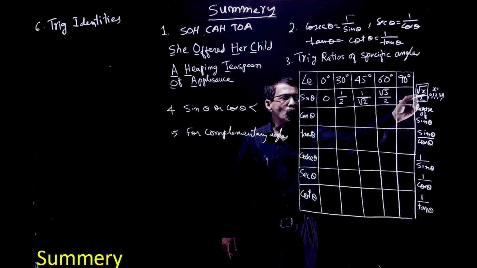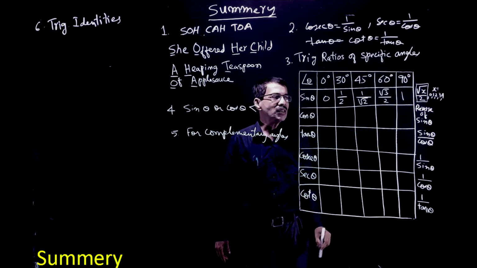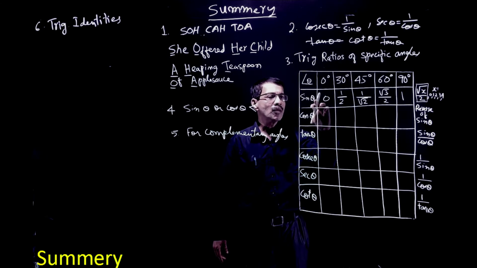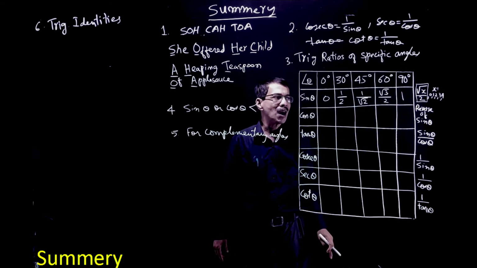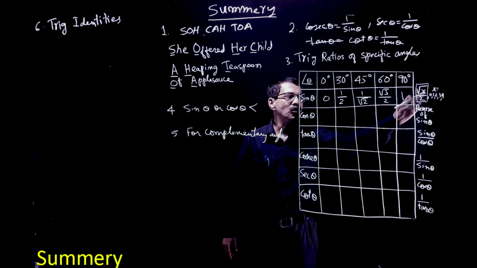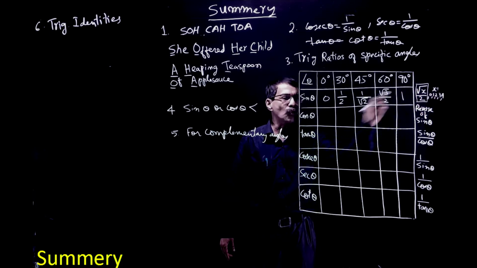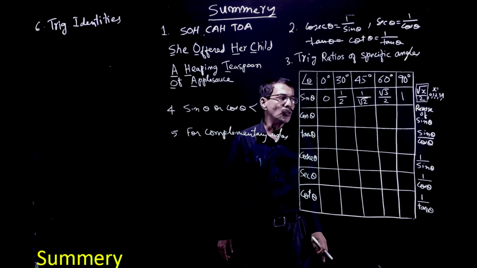And root 4, which is equal to 2, divided by 2, is equal to 1. This is how you have to remember the first row from this formula, root of x upon 2, where x values are first 0, then 1, then 2, then 3 and then 4. And like that you can find out the values of the first row.